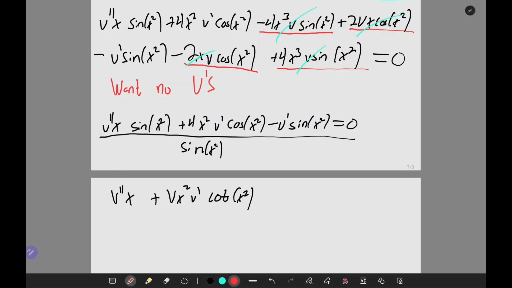Let me write it over here: cosine over sine is equal to cotangent. Okay, then we have minus v prime is equal to 0. Let me just make sure I have this right so far. Oh, this is supposed to be a 4.